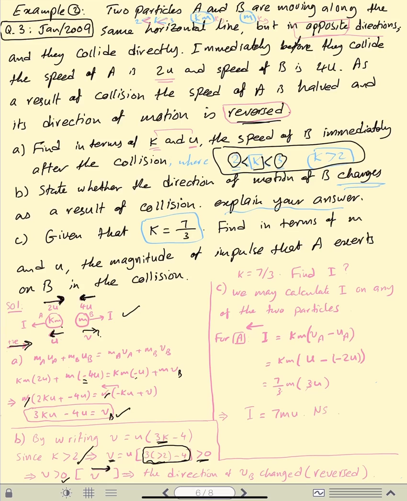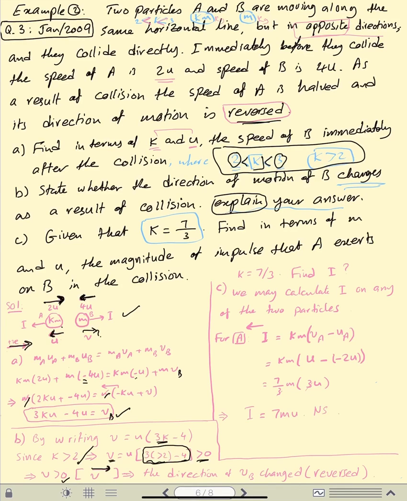So you will say the direction of B after the collision will change. This is the justification, he means explain your answer. Part C, by using the value of k equal to 7 over 3, find the impulse.